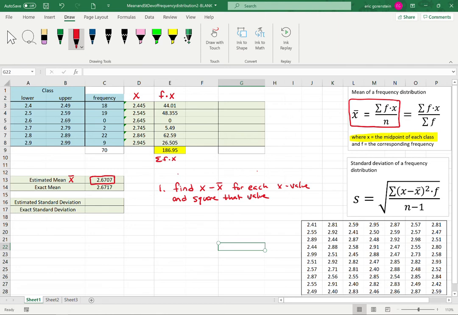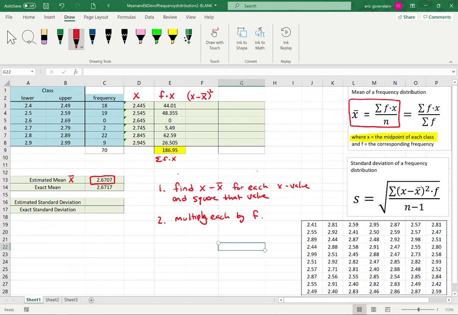Let's do that in column F. Up here I'll write x minus x bar squared, and we'll get those values in column F. Then multiply each one of those by the corresponding frequency, so multiply each by f. Then we're going to add those up, find the sum.